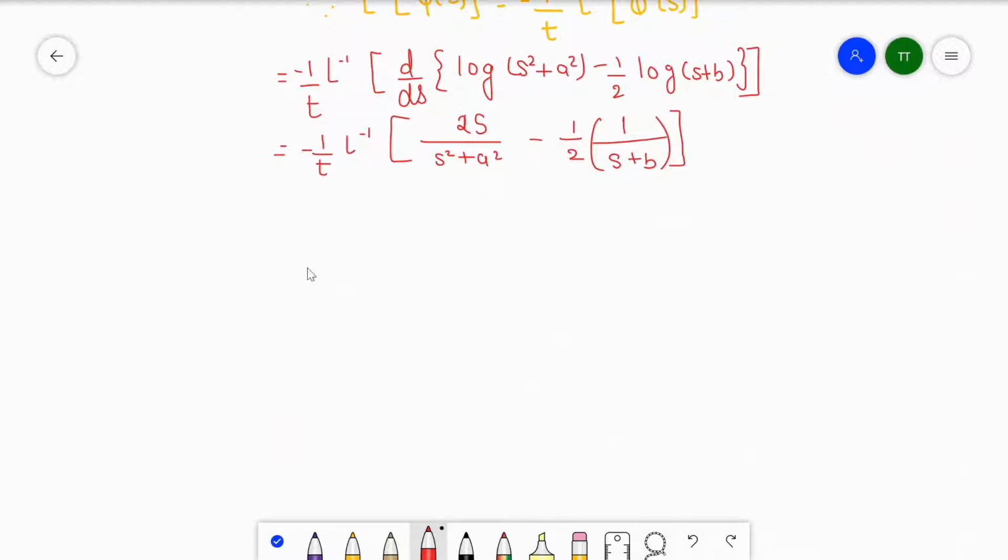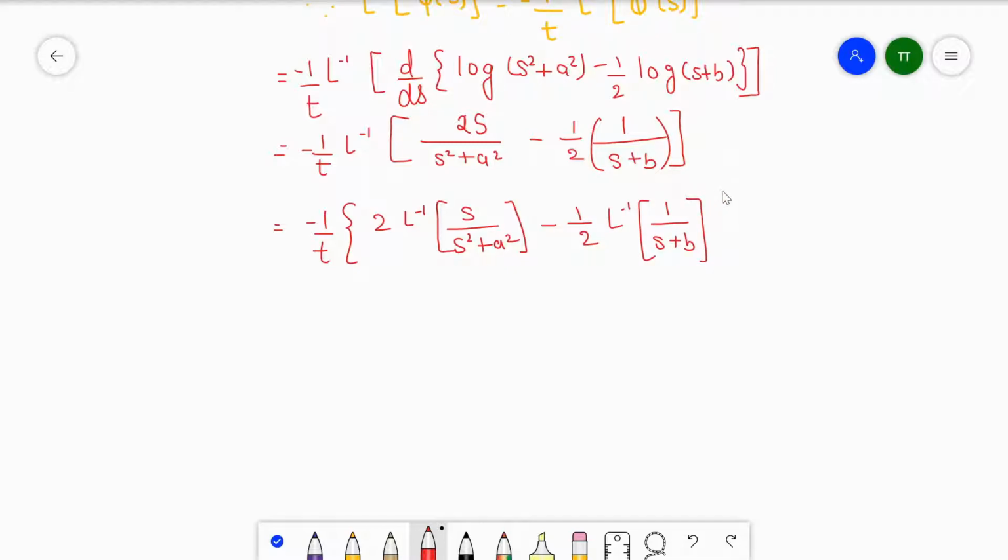Now we have to apply the Laplace inverse standard formula. So first of all we separate the terms. 2 is a constant, and inside we have s upon (s square plus a square). Minus half is a constant, and we have 1 upon (s plus b) inside the Laplace inverse.